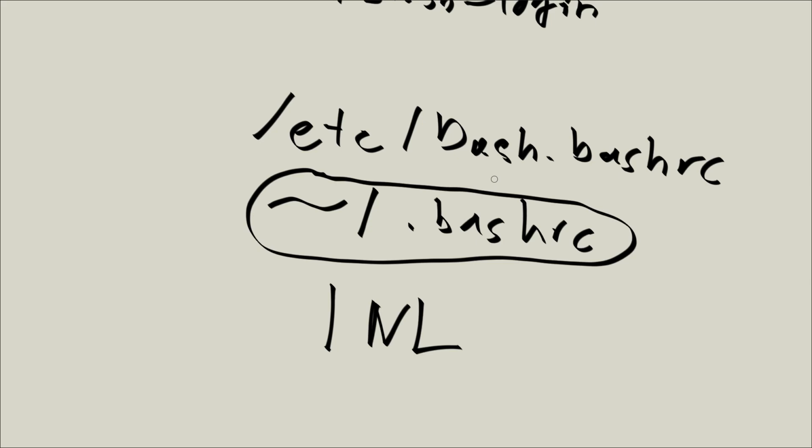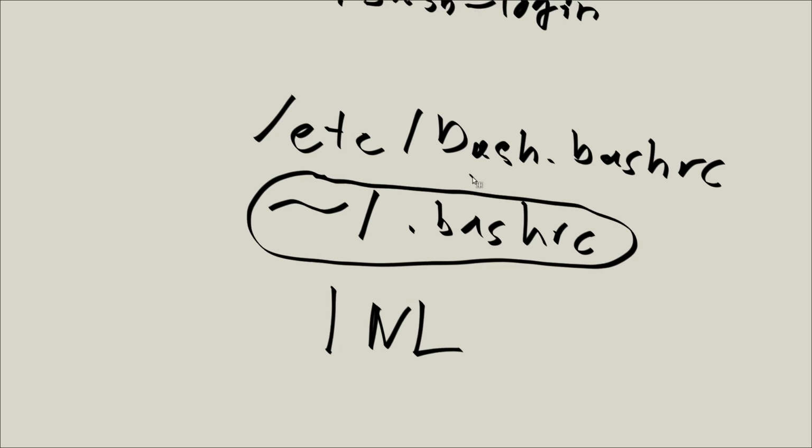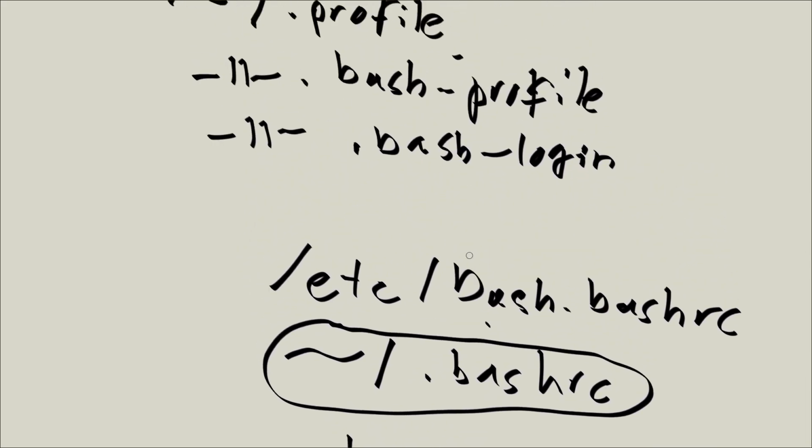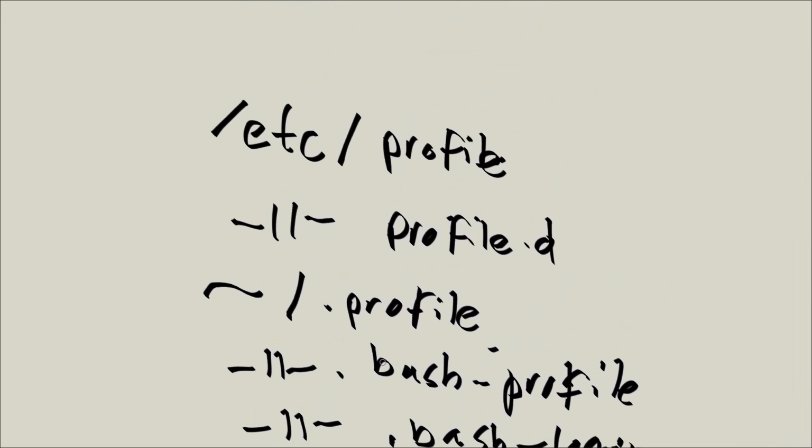I think I really showed you all you need to know. I just wanted to note one additional thing before we end this tutorial: if you change files in the etc folder, what you will actually do is modify the files so that it applies to the entire system, that is to all of the users, while if you modify the files in your home directory, the changes apply only to your user.